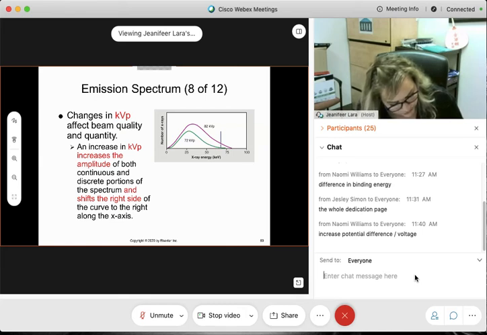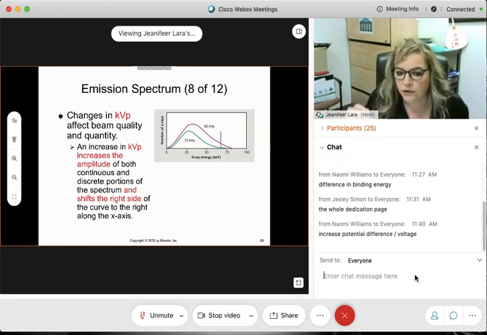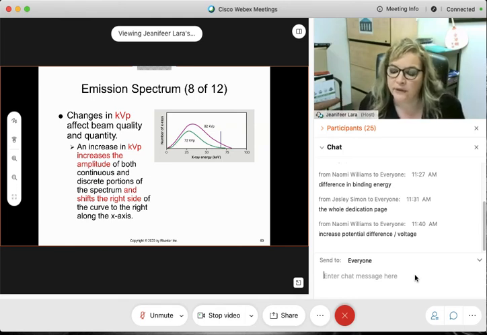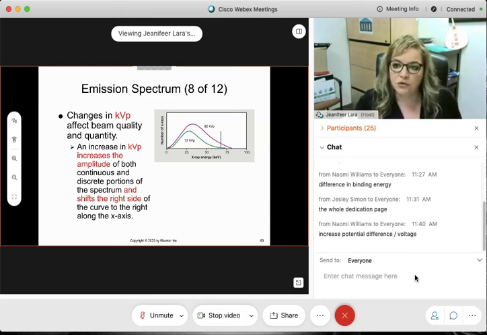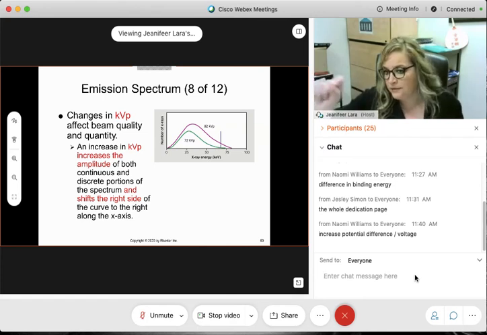When the KVP is increased at the control panel, a larger potential difference occurs in the X-ray tube, giving more electrons kinetic energy to produce X-rays and increasing the kinetic energy overall. So when you increase the kinetic energy of the filament electrons, you're losing less to heat and gaining more X-ray interactions.